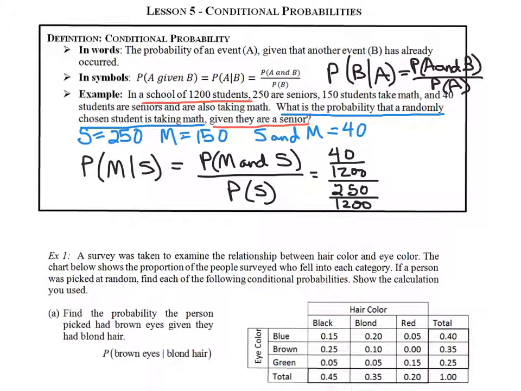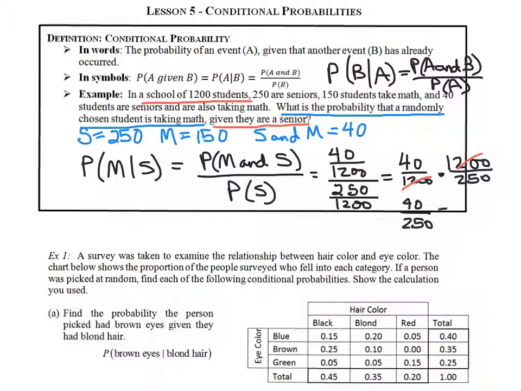Now we can easily see that when we're dividing fractions, we're going to do our keep change flip. So 40 over 1,200 times, so change to multiply, the reciprocal of the denominator, 1,200 over 250. This is so convenient for us because we see that the 1,200s are going to cancel. So I'm getting an answer of 40 over 250.